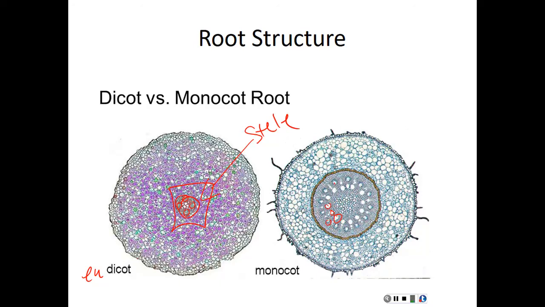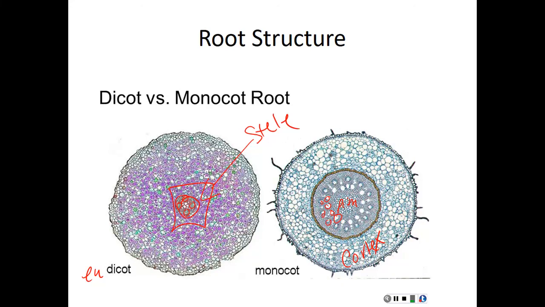Xylem is to the inside and phloem is to the outside, in this circle, and so we have some pith in here. By the way, tissue that is to the interior of the vascular tissue is known as pith, and when it's to the exterior, we call it cortex. So this has both a pith and a cortex to it.